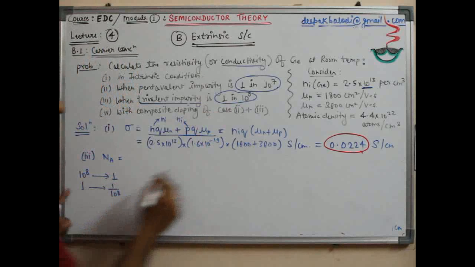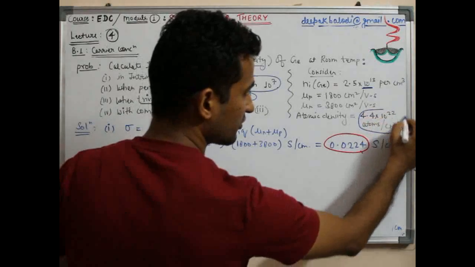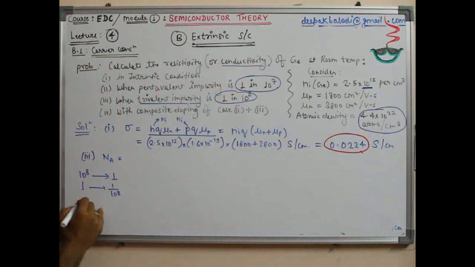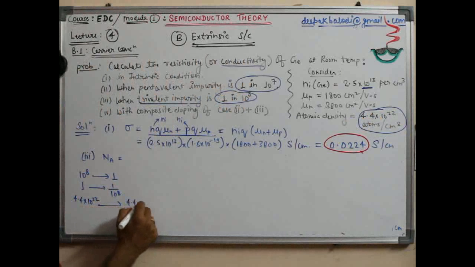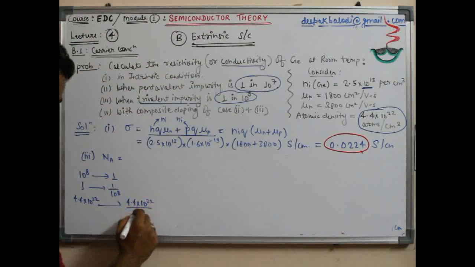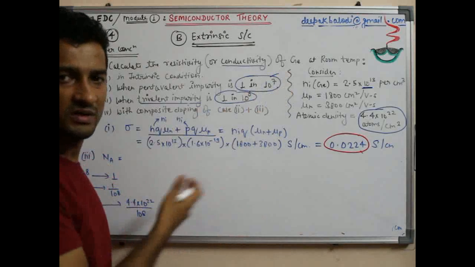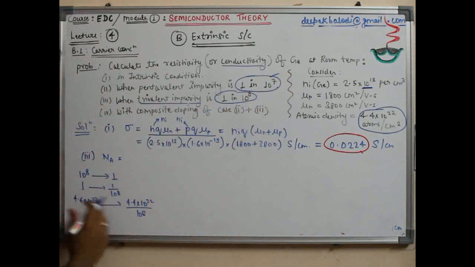How many germanium atoms are there per unit volume? Out of this 4.4 into 10 to the power 22, we will be making 4.4 into 10 to the power 22 upon 10 to the power 8. That's what we did for this also; the same thing we are doing, just to explain in detail.